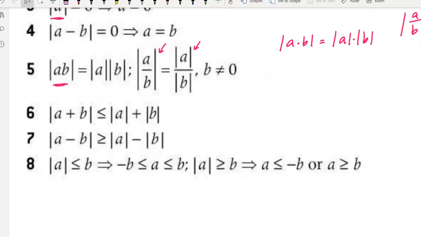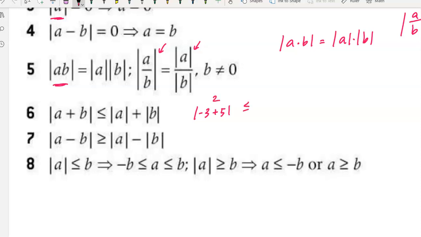Now, these are interesting. If you take a look, the absolute value of A plus B has to be less than or equal to the absolute value of A plus the absolute value of B. And if you really think about it, if you add up two numbers, two integers, and you can even put negative numbers in here, like -3 plus 5, the absolute value of that is going to be 2.